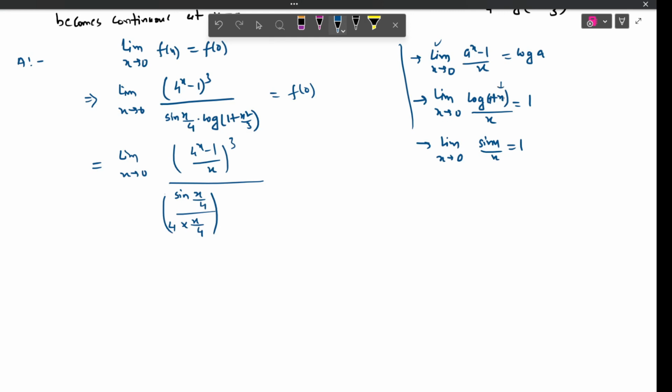Whatever is within the sine should be in the denominator. So within the sine we have x by 4, so we need x by 4 in the denominator. Only then it will be 1, right?